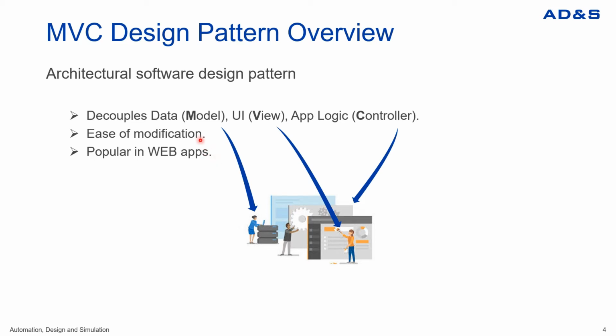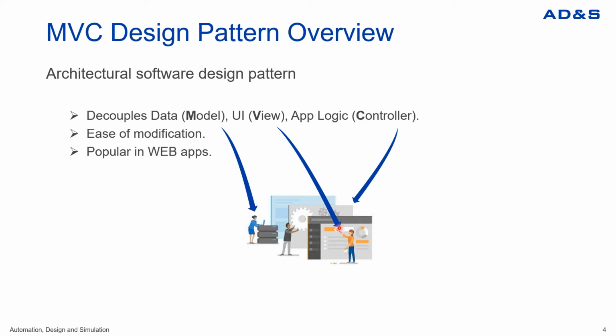Those components are the model, which deals with the data, the view, which defines the user interface, and the controller, which controls, as the name implies, the interaction between the model and the view.